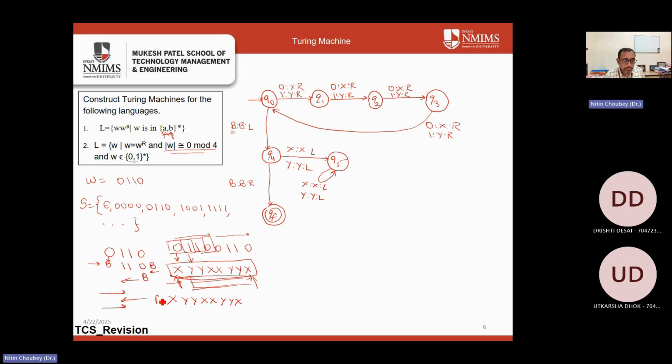We are coming to this blank, turn right: blank, blank, right, Q6. Now here we'll check: if the first symbol is X, then the last symbol should also be X. If the first symbol is Y, the last symbol should also be Y. So replace X with blank, skip all these symbols, and come back.